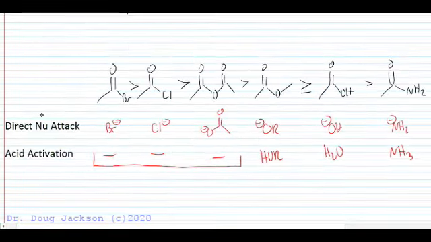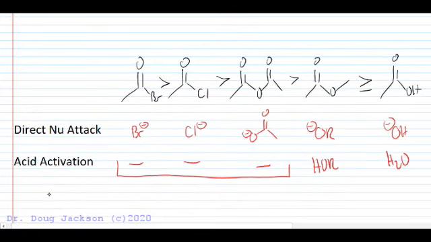So let's look at our chart here of leaving groups. We've got our functional groups here in the top row, and then we've got the leaving group that would result from a direct attack of a nucleophile in the second row.